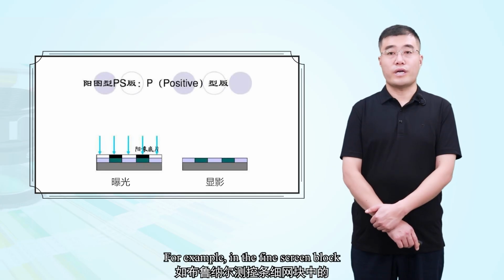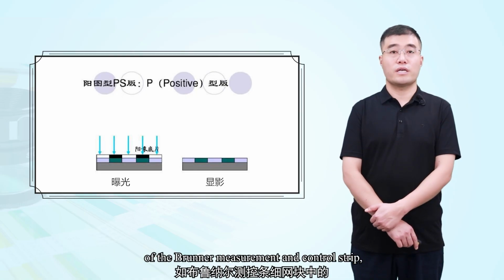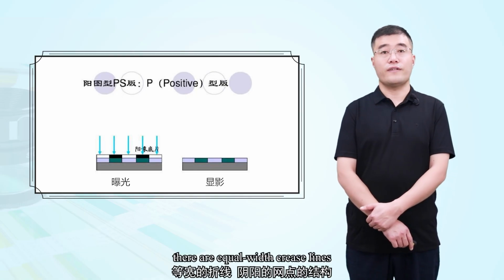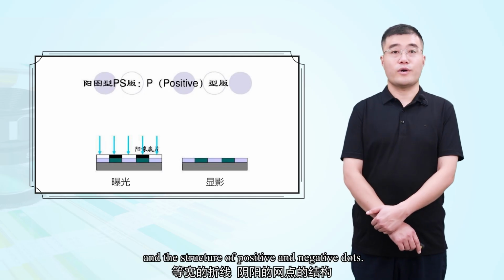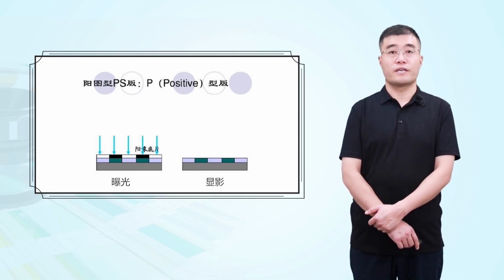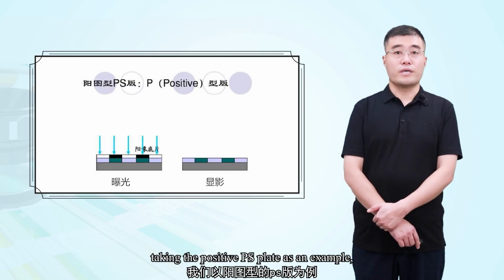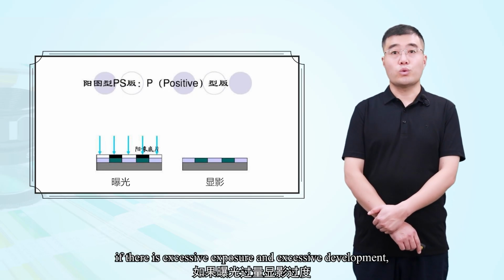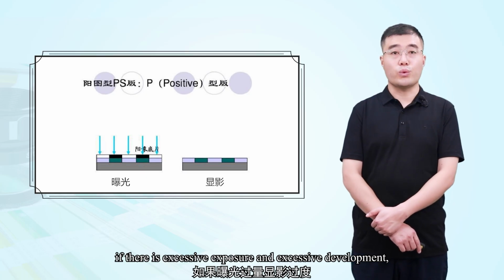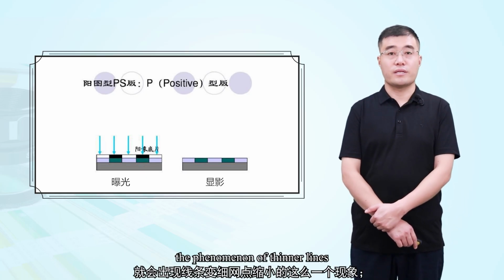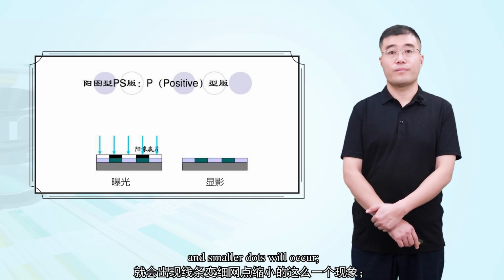For example, in the fine screen block of the Brunner measurement and control strip, there are equal width crease lines and the structure of positive and negative dots. In the plate making process, taking the positive PS plate as an example, if there is excessive exposure and excessive development, the phenomenon of thinner lines and smaller dots will occur.